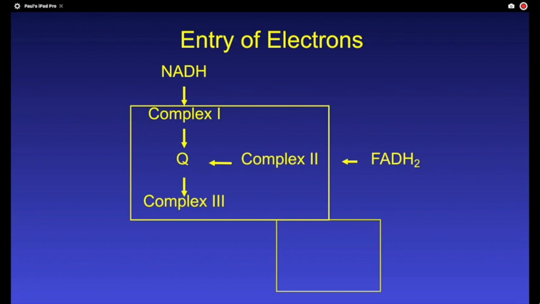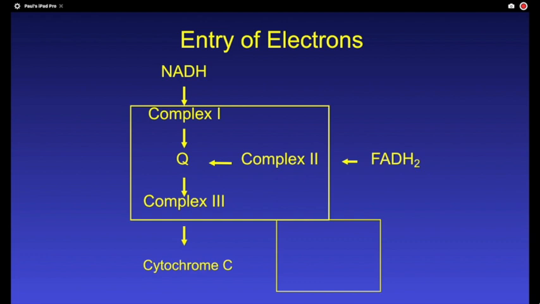Complex 3 will then interact with the protein cytochrome C. And here is a big key: it goes from electrons flowing inside the membranes to a cytochrome C that is floating in water.